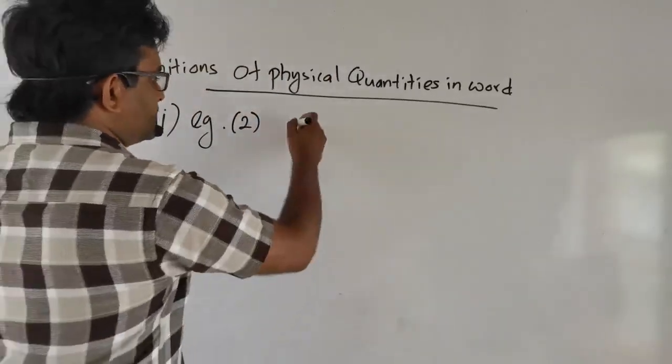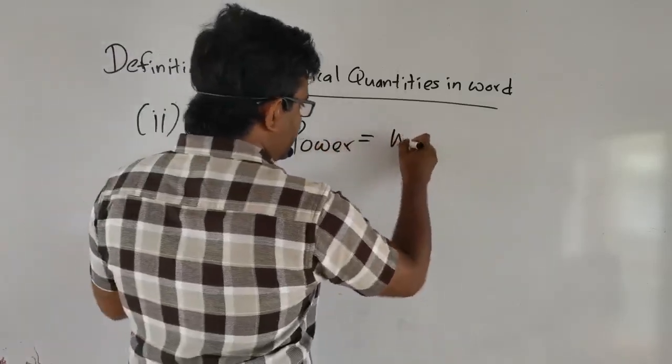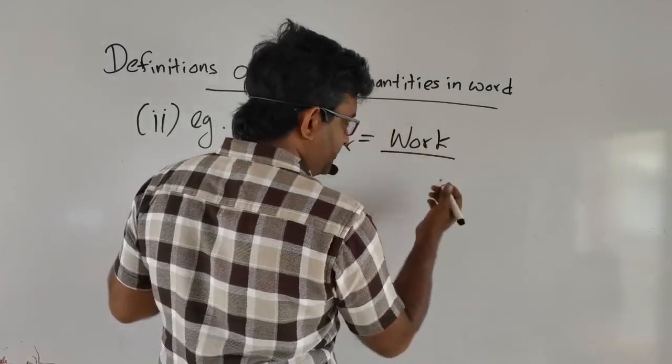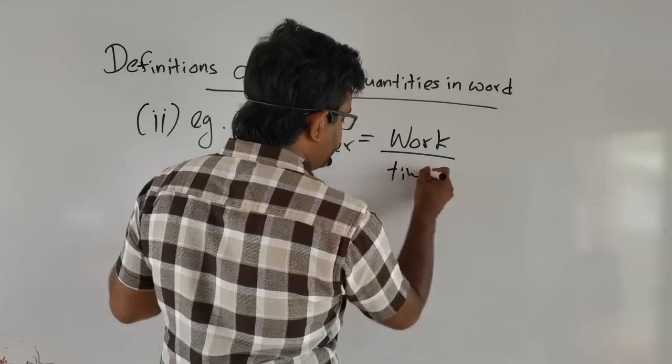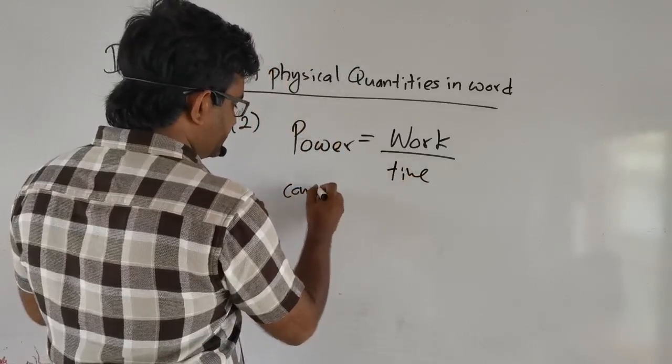Right. So this definition is for power. Work in numerator. Rate of doing work, rate means need to divide by time. Right. Then considering units.